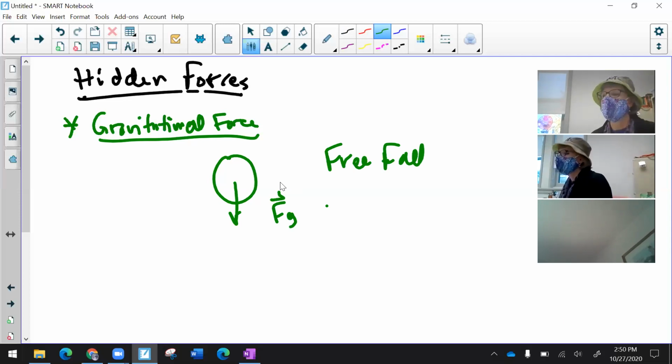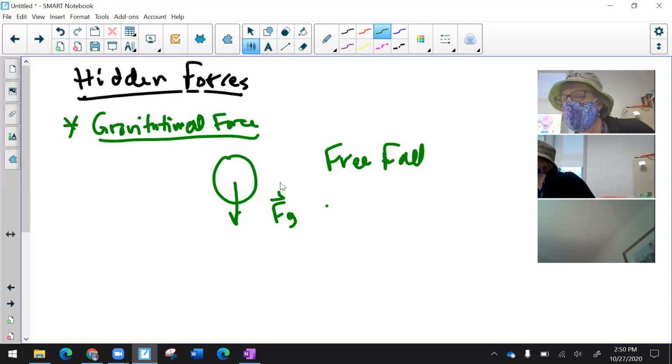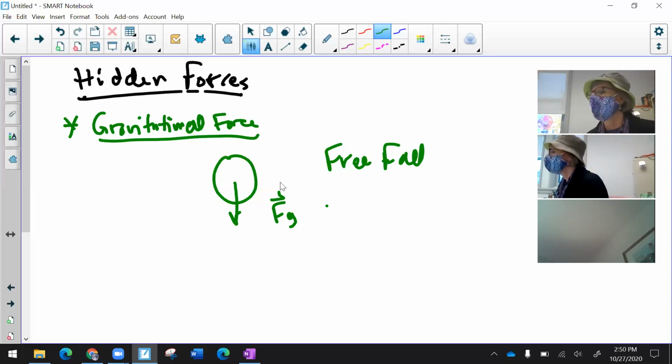And remember that that Fg force always points towards the center of the Earth. Whether you let that be positive or negative is another story. It's always down. And we'll remember that as we make different kinds of free body diagrams.